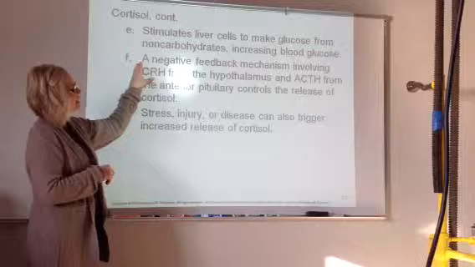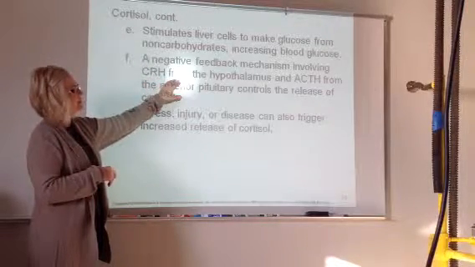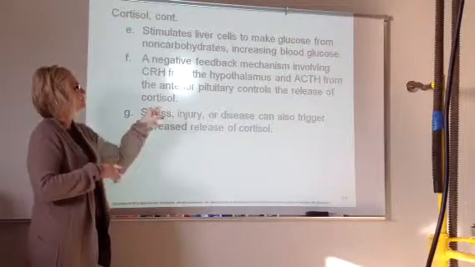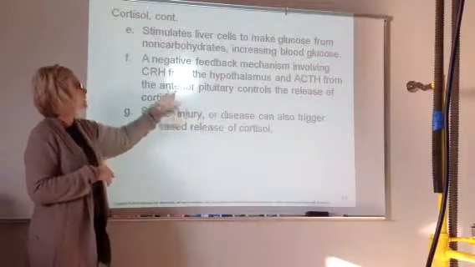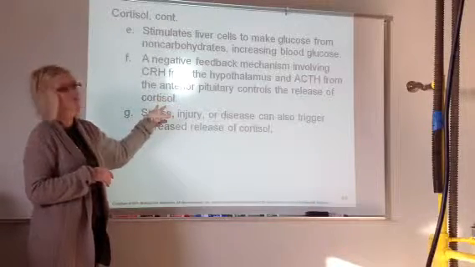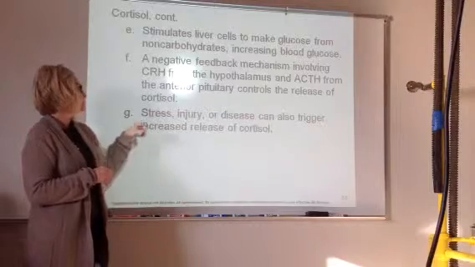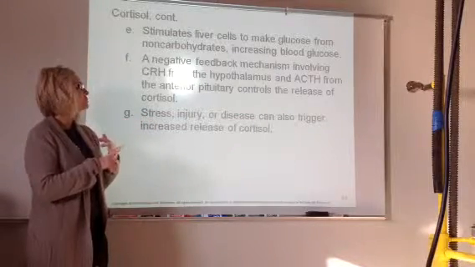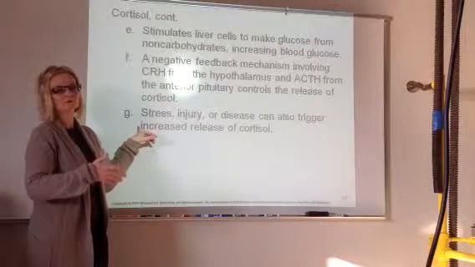Negative feedback mechanism involving CRH from the hypothalamus, ACTH from the pituitary. We talked about those a couple days ago. And the pituitary is going to control the release of that cortisol. Stress, injury, disease can trigger the release of cortisol.